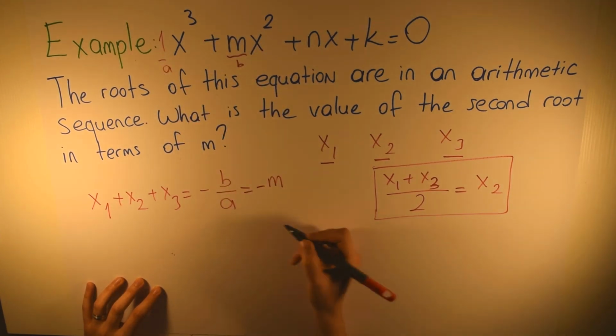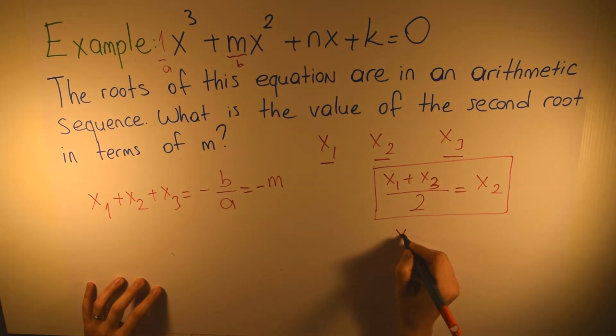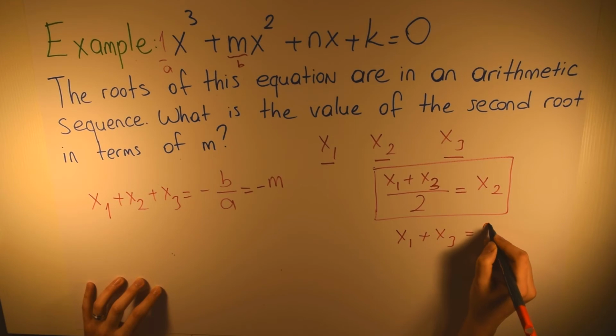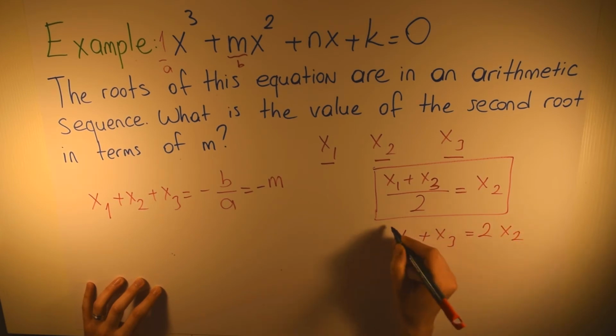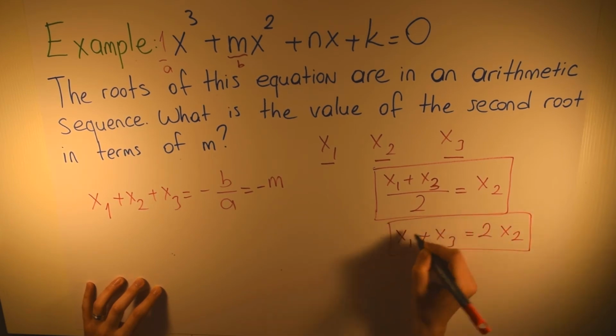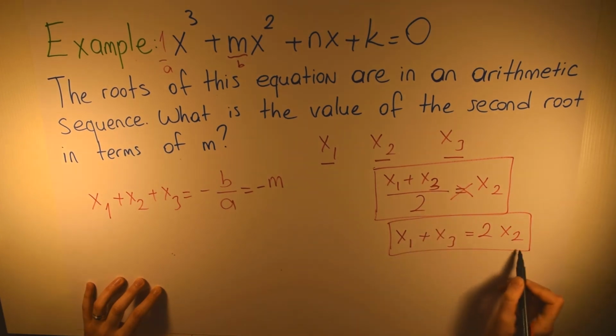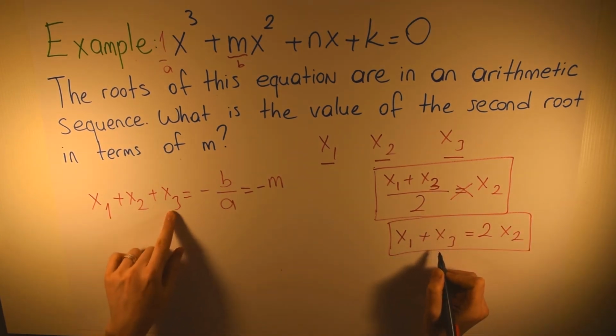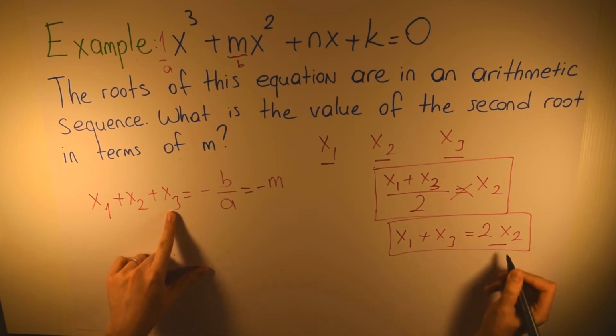I also know that x1 plus x3 is equal to 2x2. When you do cross multiplication, you get this result.